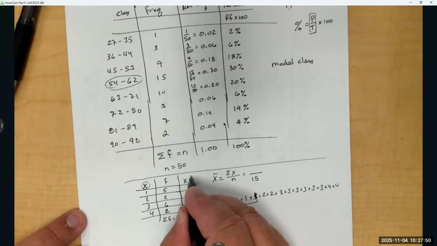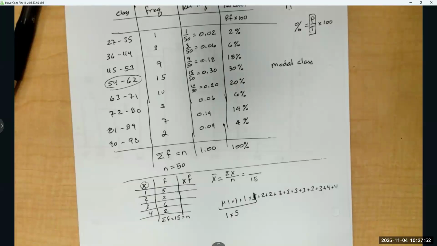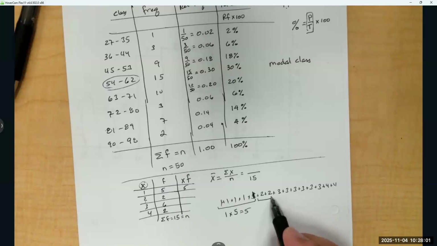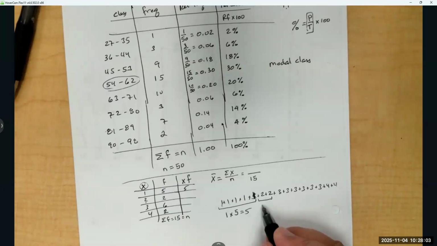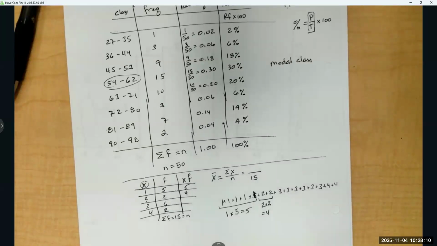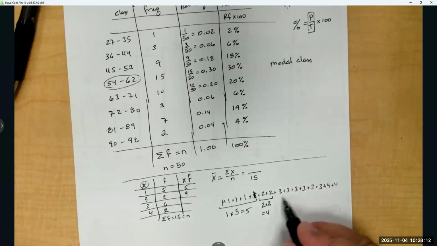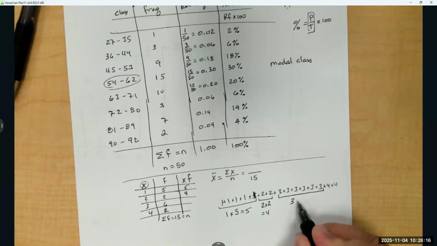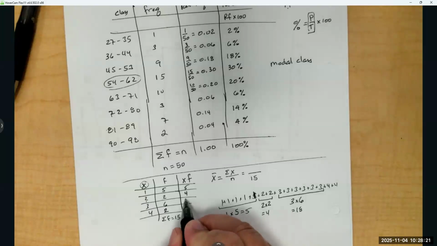So here, if I multiply these two together, 1 plus 1 plus 1 plus 1 plus 1 is the same as 1 times 5, so that equals 5. 2 plus 2 is the same thing as what? 2 occurs 2 times, that equals 4. 3 plus 3 plus 3 plus 3 plus 3 plus 3 is 3 happening 6 times, so that equals 18.